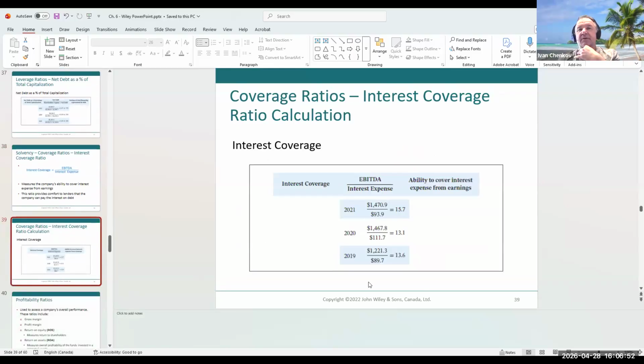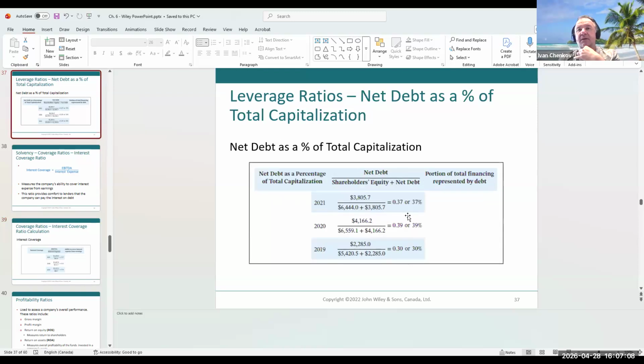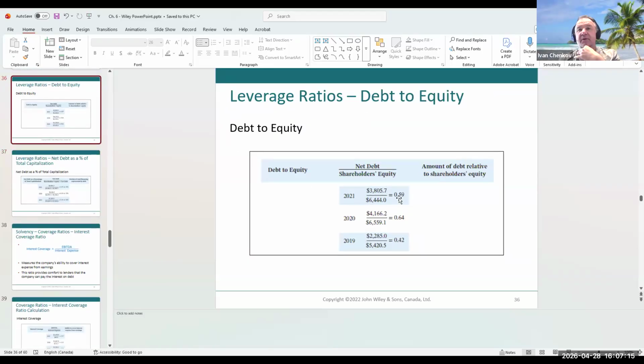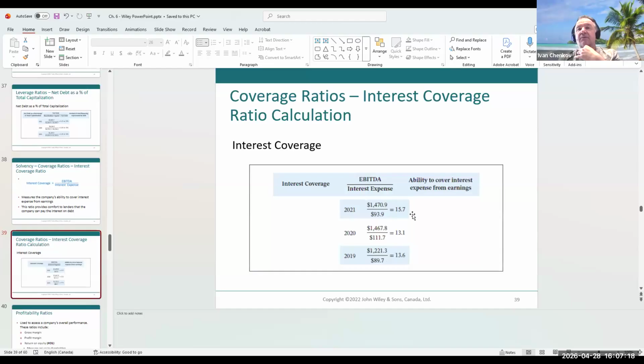So let's see how this company goes. In the beginning, with the income before interest, taxes, depreciation, amortization, they were able to pay the interest 13 times. Now, with the new debt, when they increase the debt to 37%, from 30 to 37%, the debt to equity ratio become 59, they were paying their interest expenses 15.7 times with their income before interest, depreciation, and amortization.